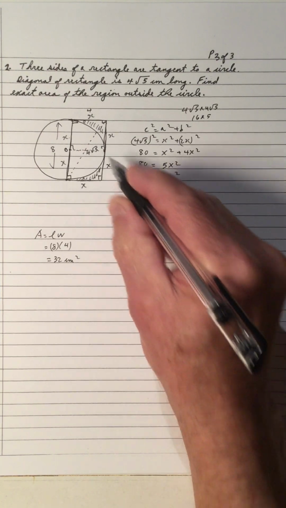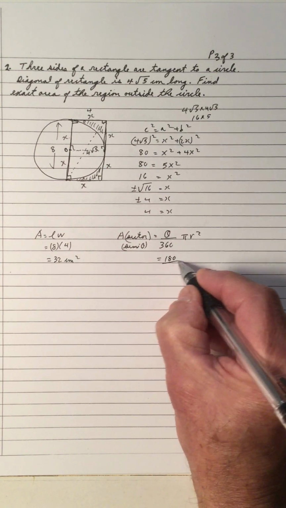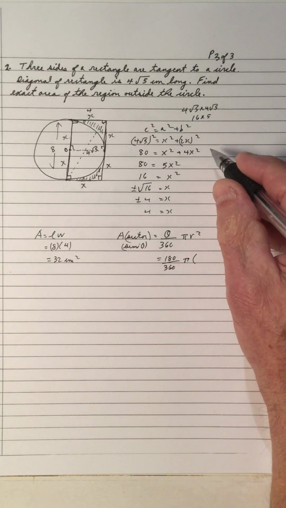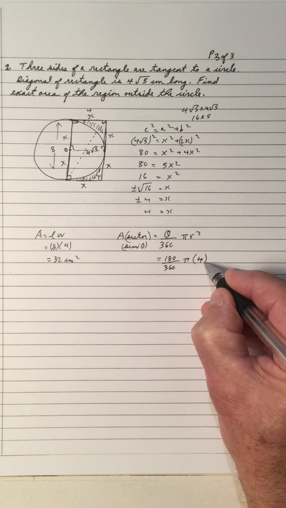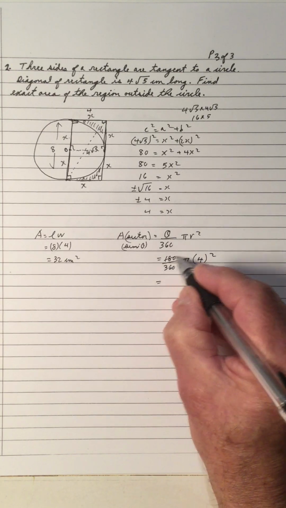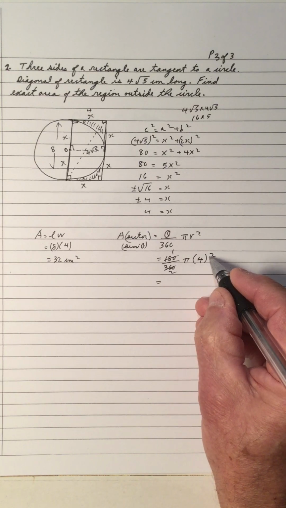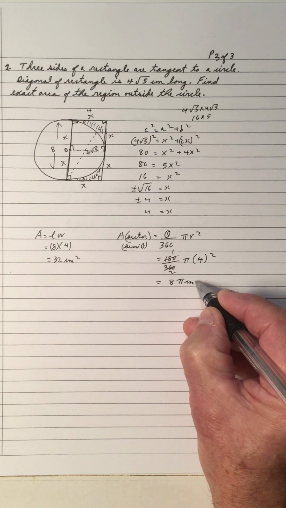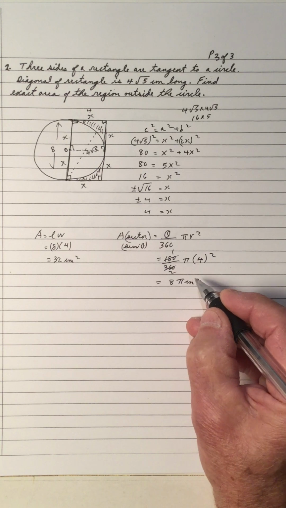And because the arc is 180, a semicircle, 180 divided by 360 times pi with the radius 4 squared. 180 over 360 is a half, because it's half a circle. So that's 16 divided by 2, so that's 8 pi centimeters squared.